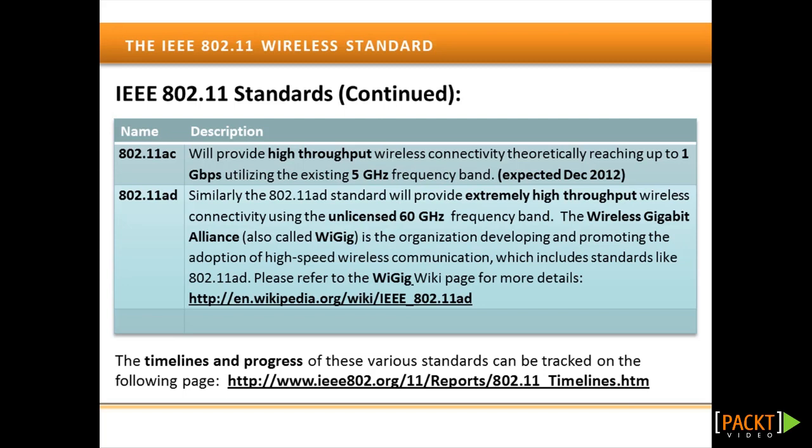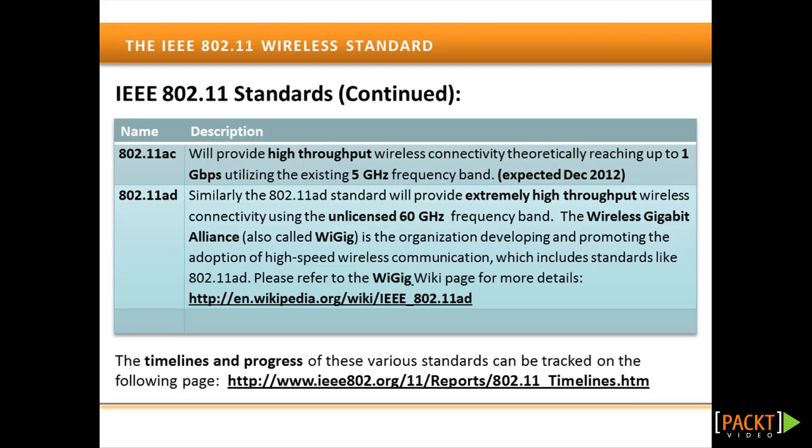Similarly, the 802.11ad standard will provide extremely high-throughput wireless connectivity using the unlicensed 60 GHz frequency band. The Wireless Gigabit Alliance, or WiGig, is the organization developing and promoting the adoption of high-speed wireless communication, which includes standards like 802.11ad. Please refer to the WiGig wiki page for more details.